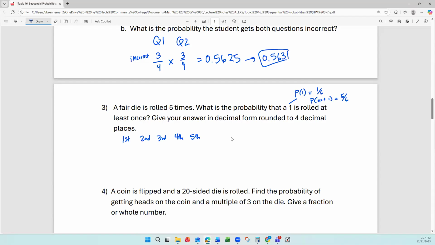So you'd have like 1/6 times 5/6 times 5/6 times 5/6. In fact, it would be 1/6 because then the others could be ones also. So 1/6 for the first to be a 1. Then if the first isn't a 1, that would be or.